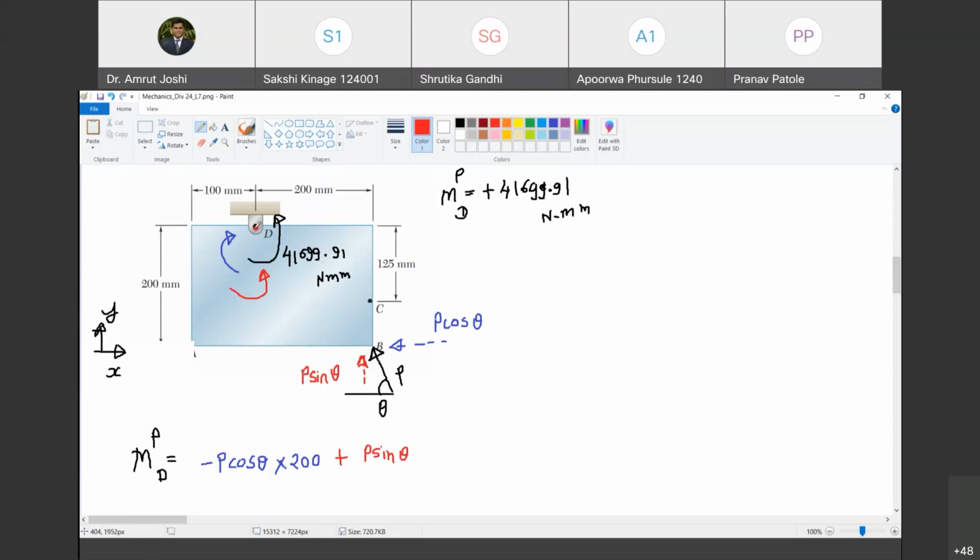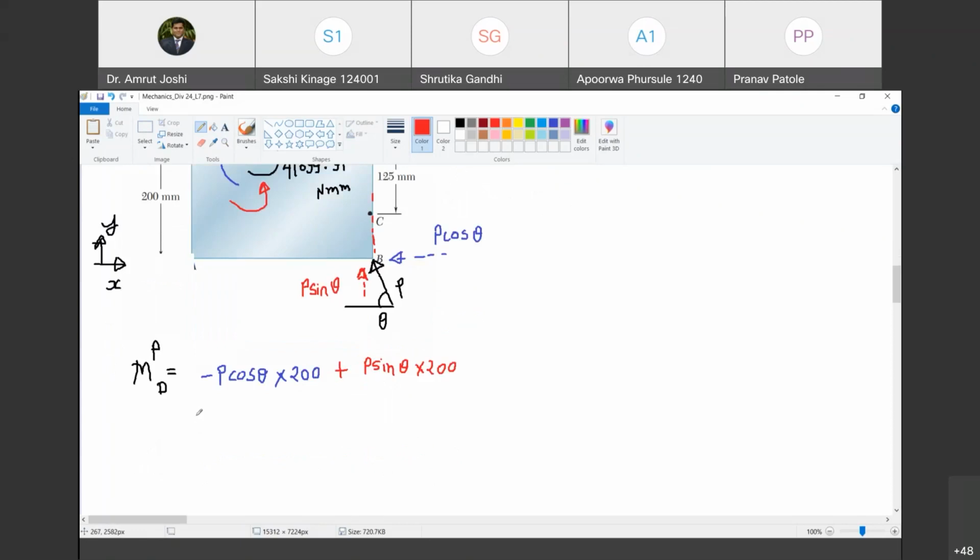No, not 300. We are calculating the moment at D. So from D, I have to drop a perpendicular on this line. So I should be considering this distance 200. Are you with me? Yes, sir. Sir. So whoever said 300, did you understand that we are calculating the moment at D? Yes, sir. Yeah. So therefore, this multiplied by 200. Happy?